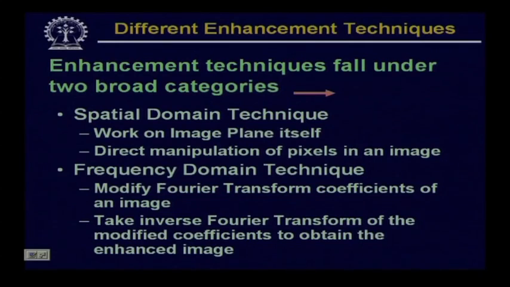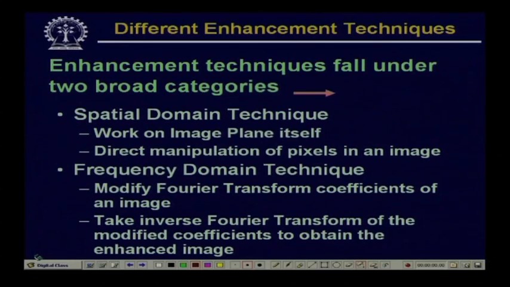So, first we will be talking about the image enhancement techniques in the spatial domain. Let us see what are the different spatial domain image enhancement techniques that we can have.